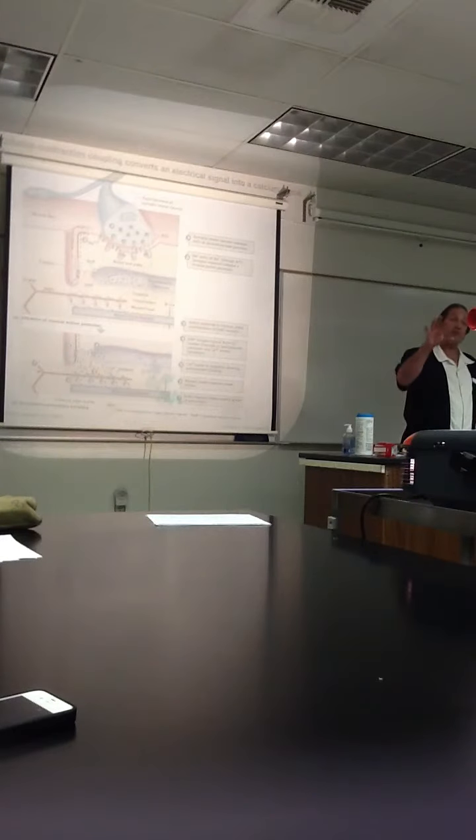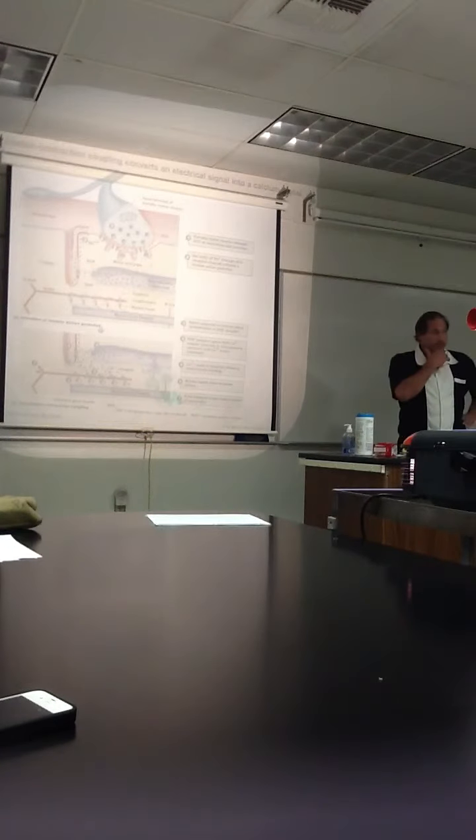Close. Let me give you another hint. Why do you always get an action potential at the axon hillock when it's negative 55? Okay, it brings it above threshold.